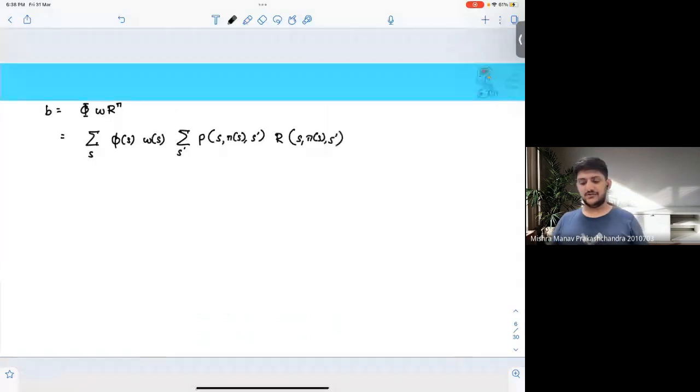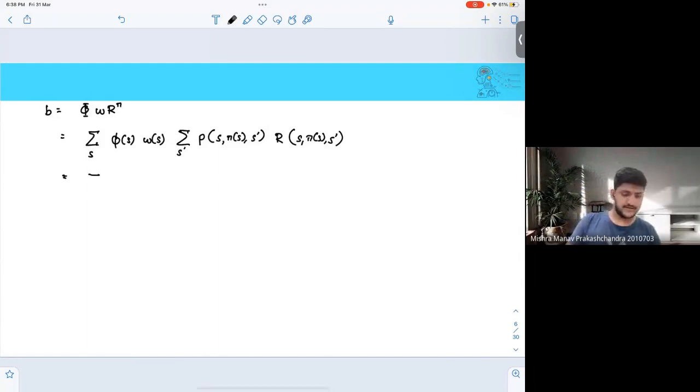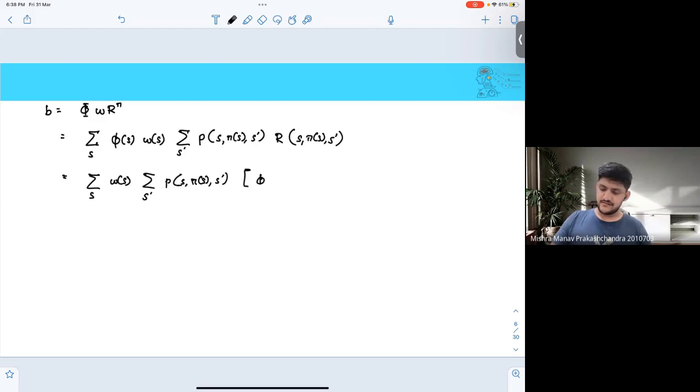So this is how it looks. Again, we do the same thing. We want to put the phi(s) inside the bracket, and here it's kind of straightforward, right? So I just take this quantity, this quantity, and I put phi.